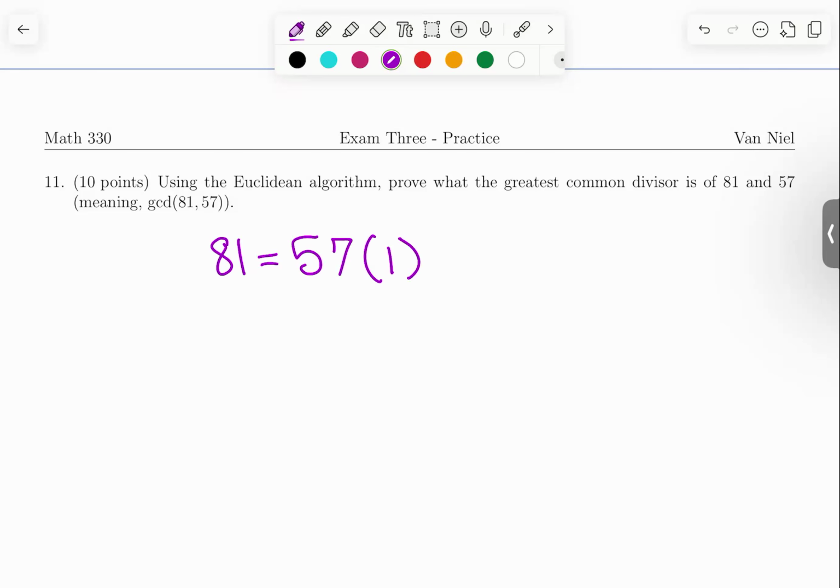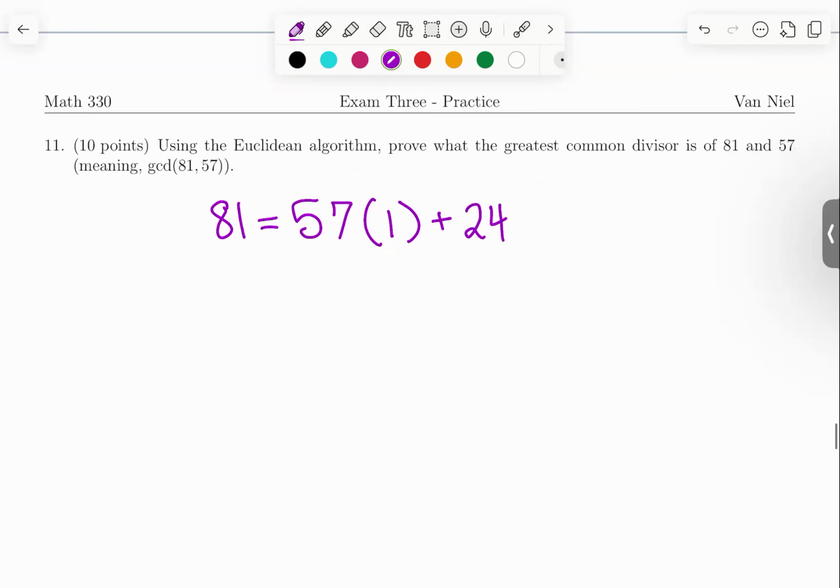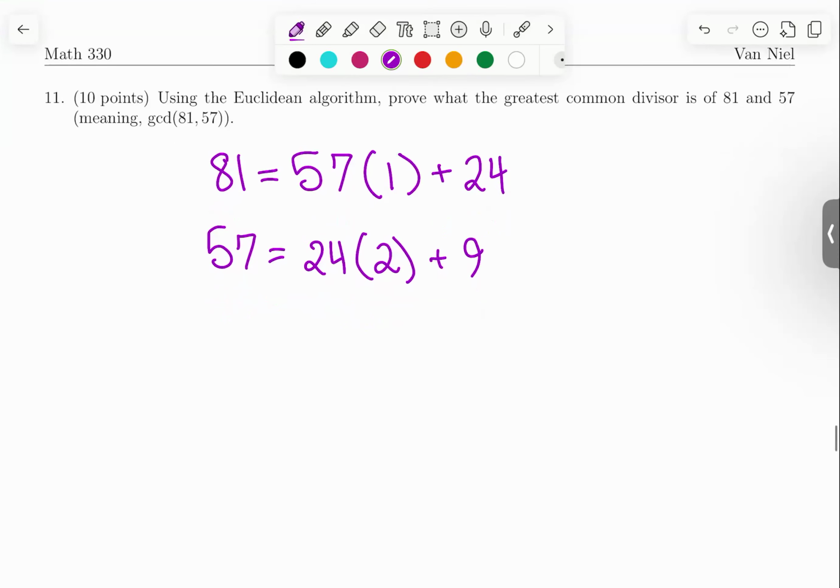Okay, so 57 only goes into 81 one time. And then plus what? So 3, 4, 24. And so I shift my characters over. So 57 equals 24 times, well, 24 goes into 57 twice, because that should be 48, right? 48 plus 9 is what should get us to 57.